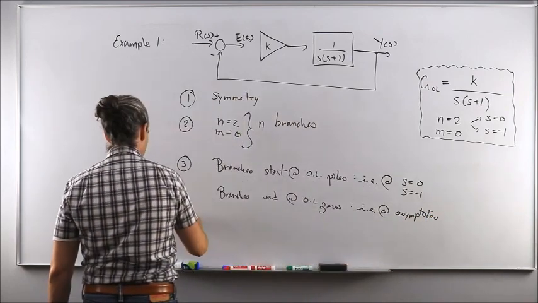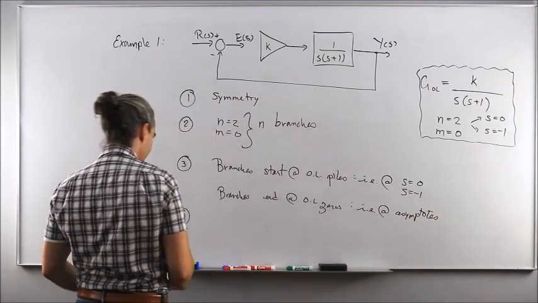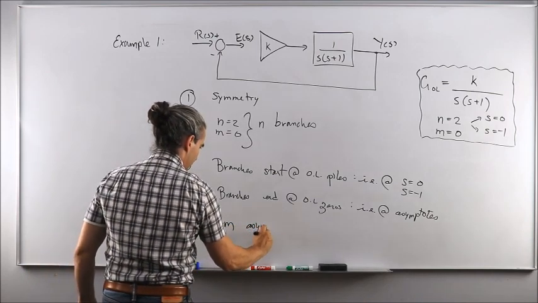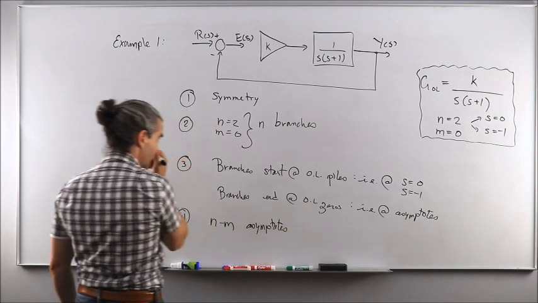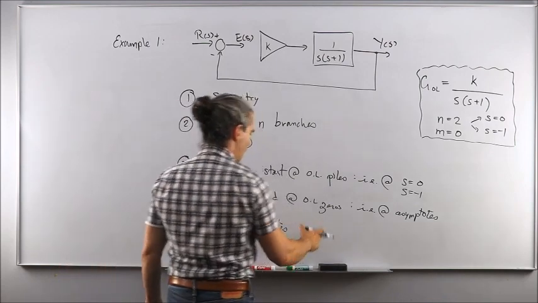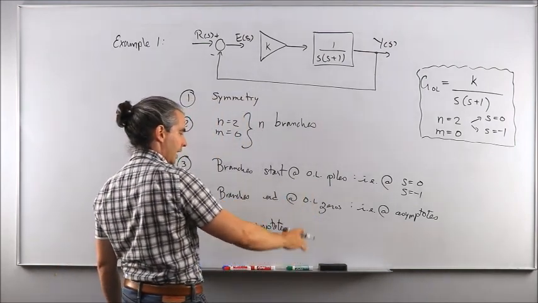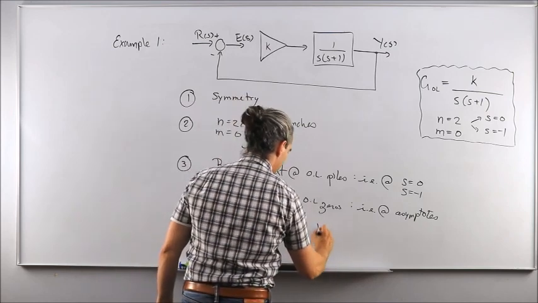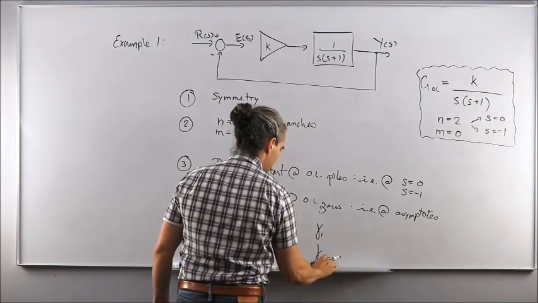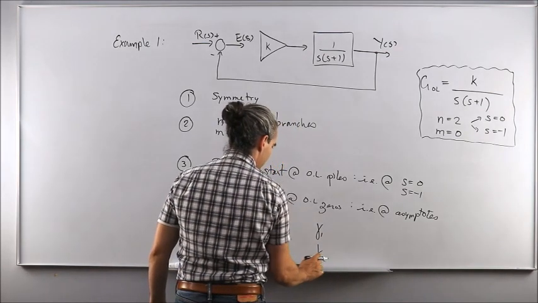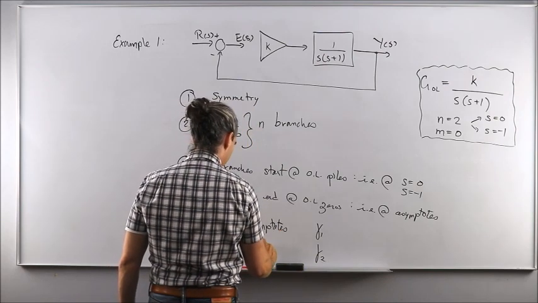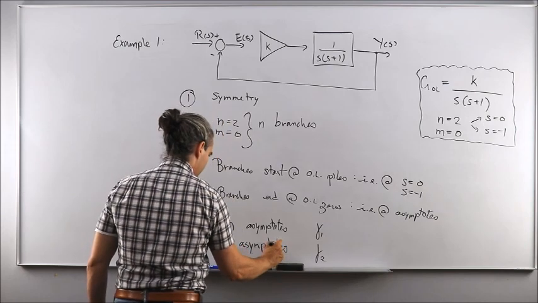Step 4, speaking of asymptotes, how many do we have? We have n minus m asymptotes. Okay? How are they oriented with respect to the real axis? Well, let's figure out the gamma angle. Gamma 1, gamma 2. So gamma 1 for the first asymptote, and gamma 2 for the second asymptote. Okay?